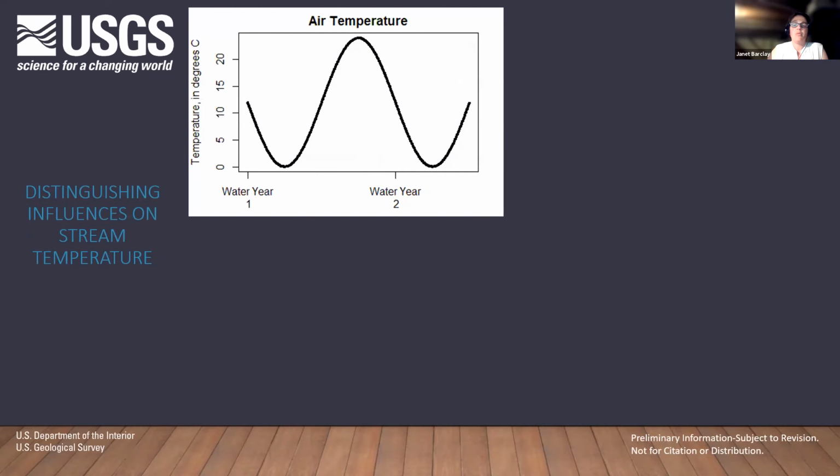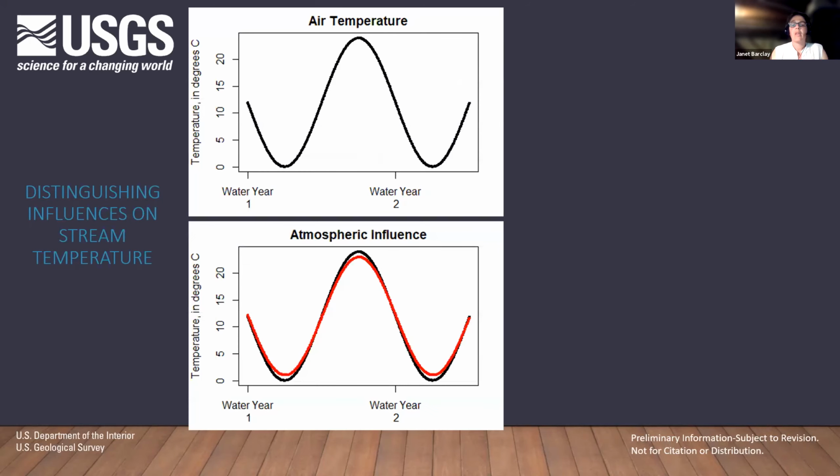At multi-annual timescales, air temperatures and water temperatures can be approximated by sinusoidal functions. The properties of these functions are indicative of the major processes driving the stream temperatures. In streams where the primary temperature driver is atmospheric conditions, the water temperature sinusoid will be similar to the air temperature signal in both phase and amplitude.